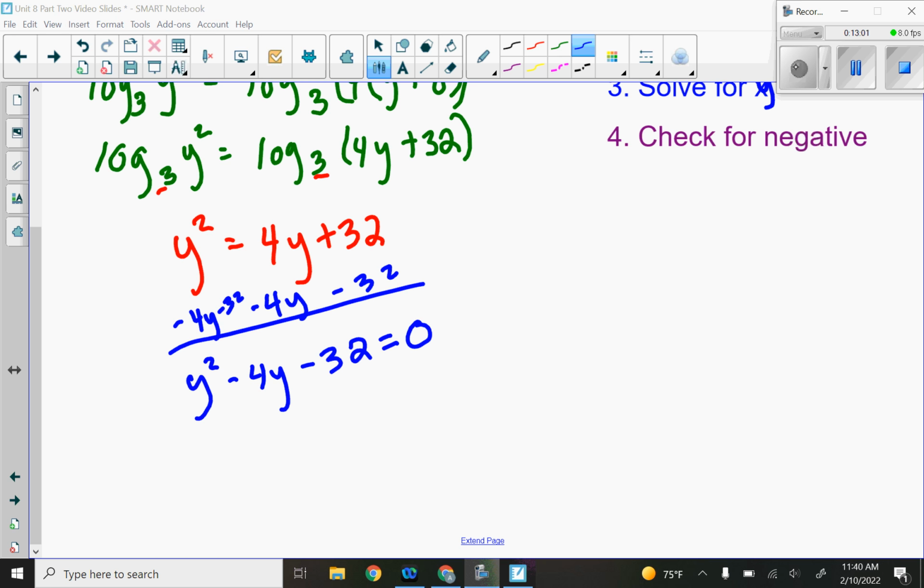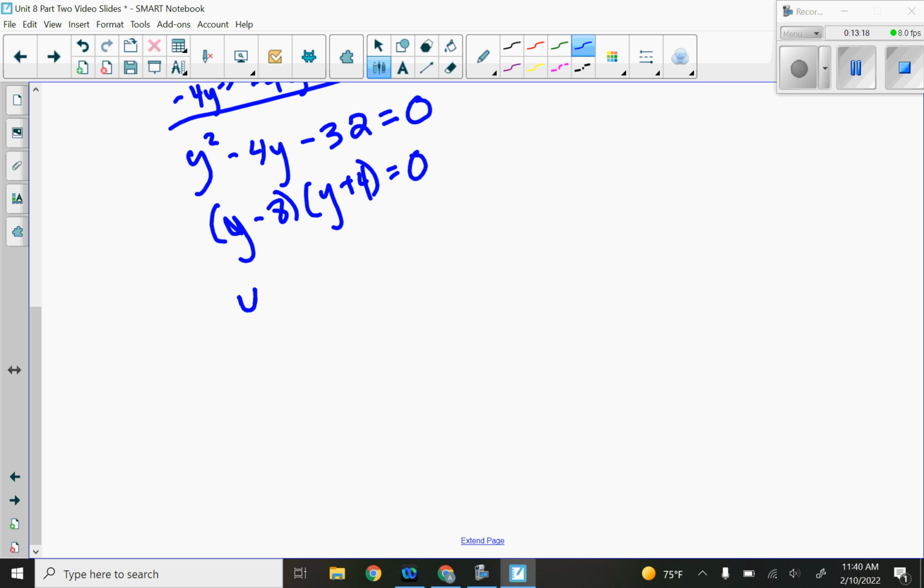And now we can factor this to y minus 8 and y plus 4 equals 0. So y is going to equal positive 8 and negative 4.